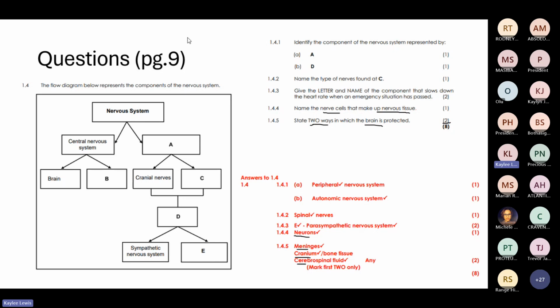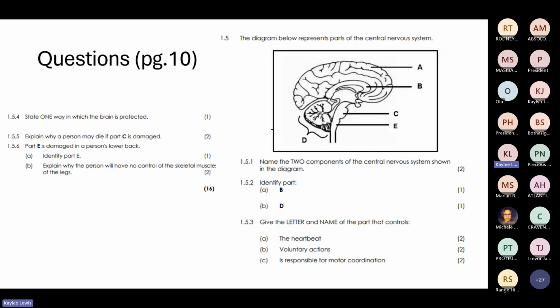Okay, let's have a look at question 1.5.